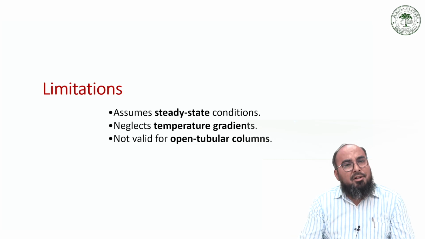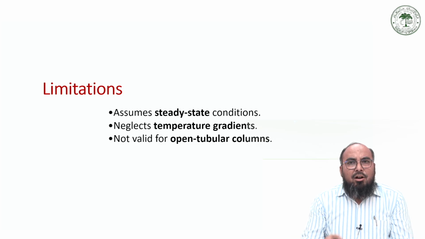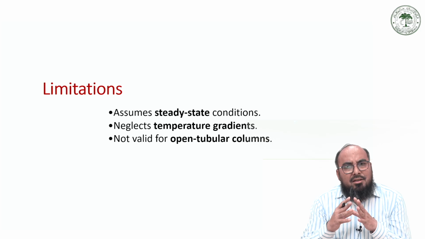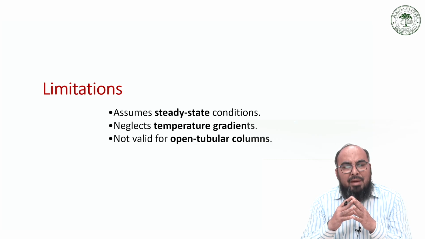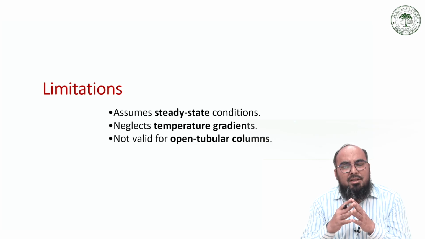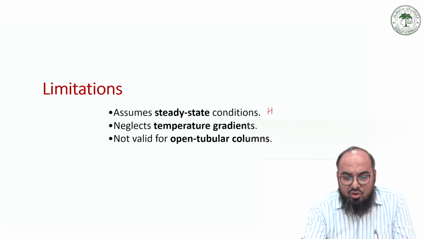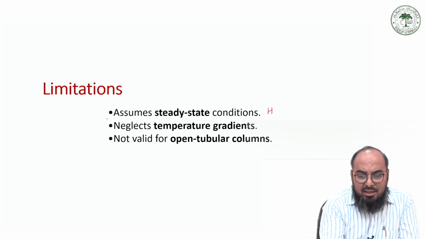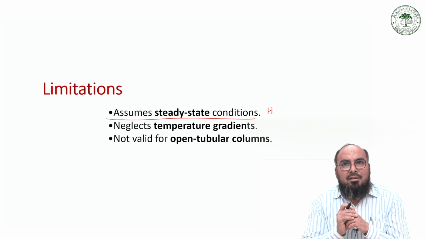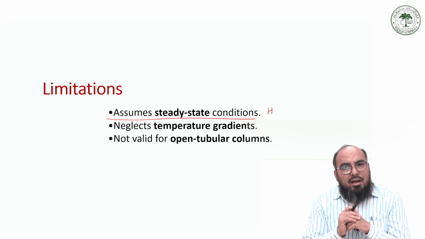Of course there are certain limitations also. Now this Van Deemeter equation talks about the steady state conditions, that is your mobile phase is steadily moving across all those imaginary plates or theoretical plates whose distance you have specified by H. So these steady states do not actually exist in such a way practically.